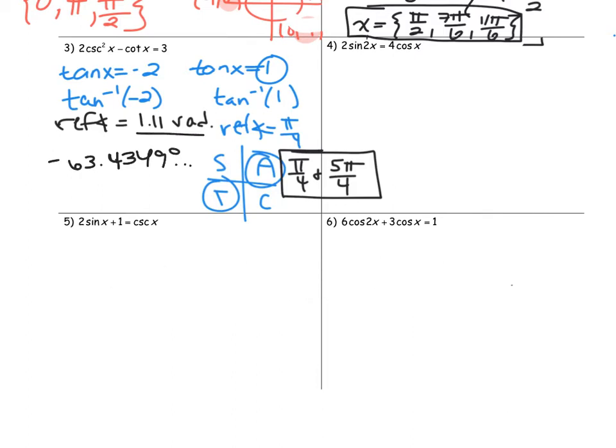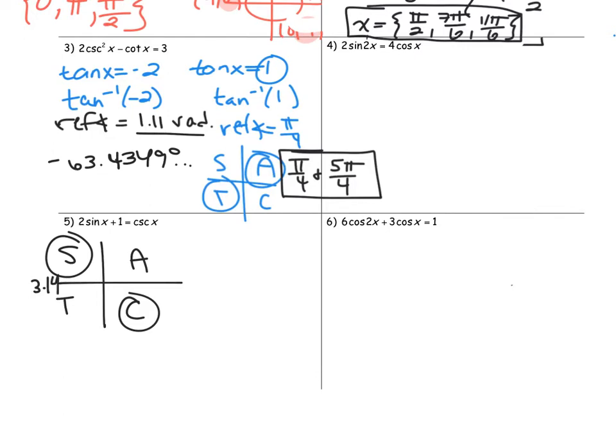Now that I know the reference angle is 1.11 radians, and I know when tangent is negative, I'm in the second and fourth quadrant. Well, remember, this is the marker point for 3.14, and this is 6.28, because this is really pi, and this is 2 pi. So if I want my reference angle here, I'm going to take my 3.14 and subtract it with 1.11, and I end up getting 2.03 radians.